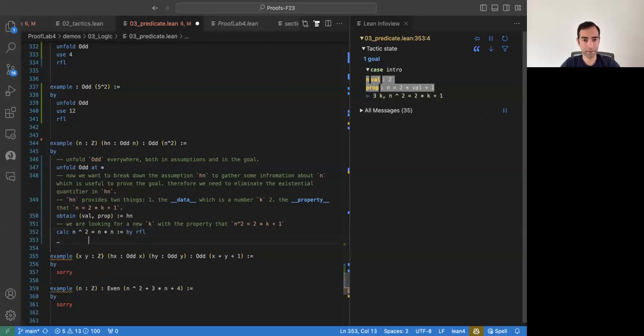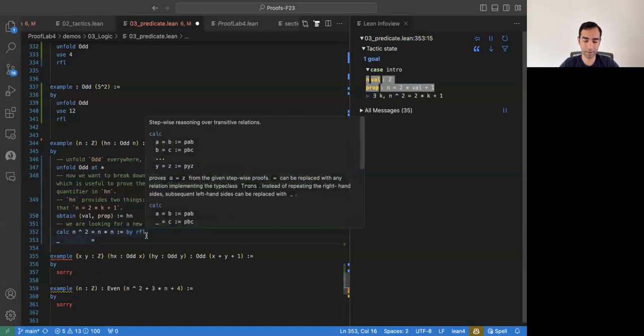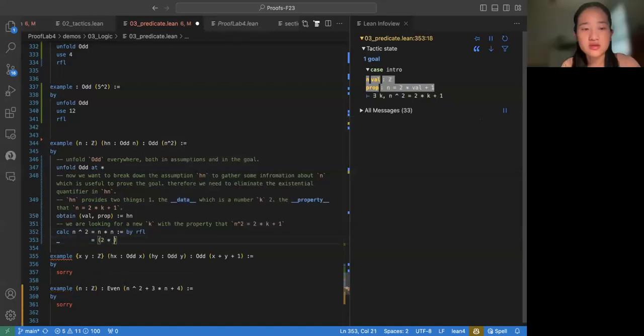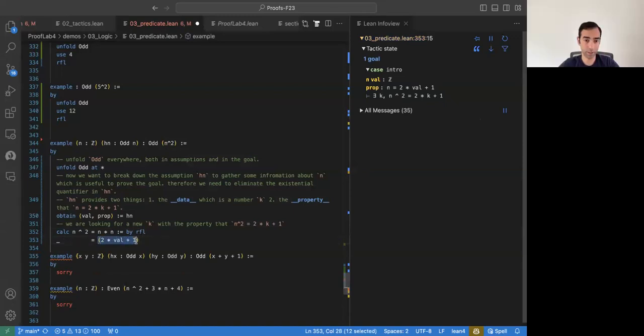And n itself is equal to 2 times val plus 1, right? Well, I'm going to multiply that by itself. And this should be true because of prop, essentially. So I'm going to write by substitute.